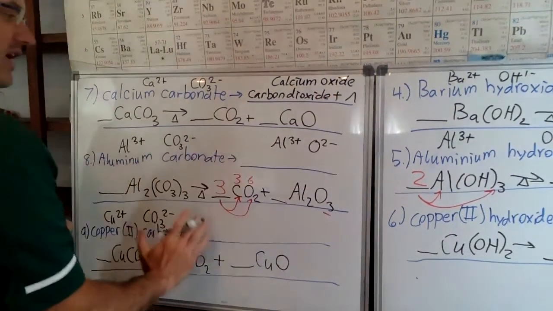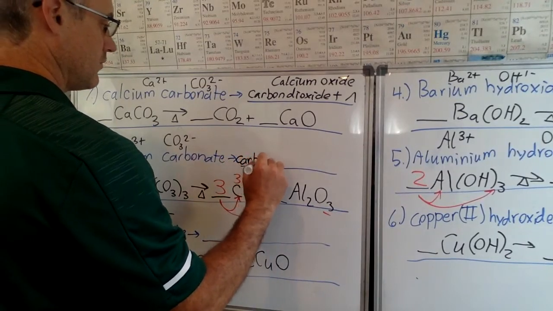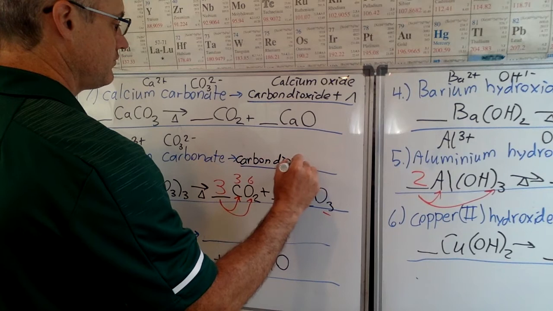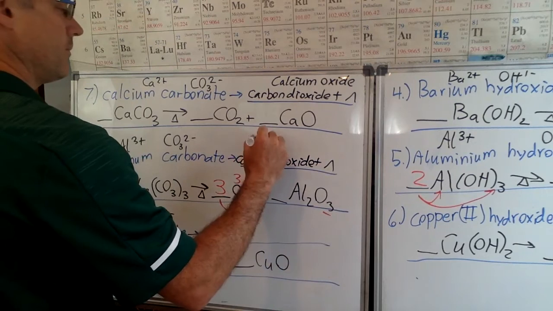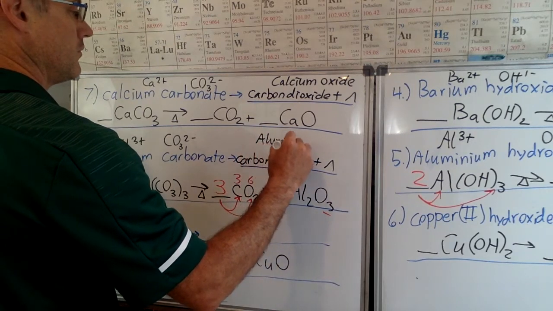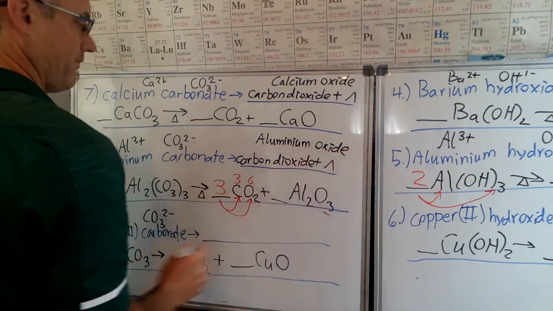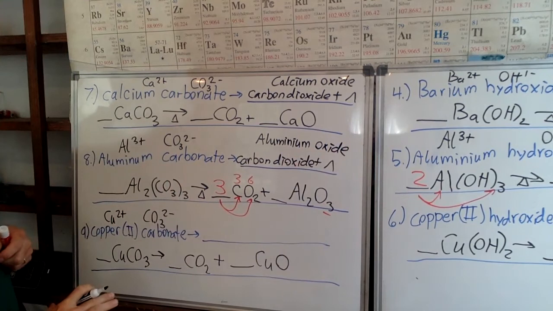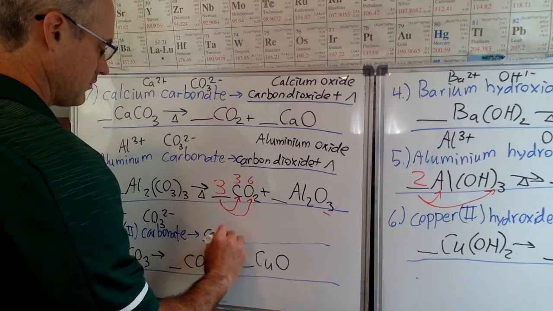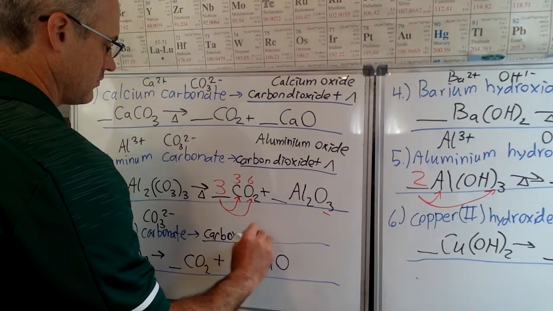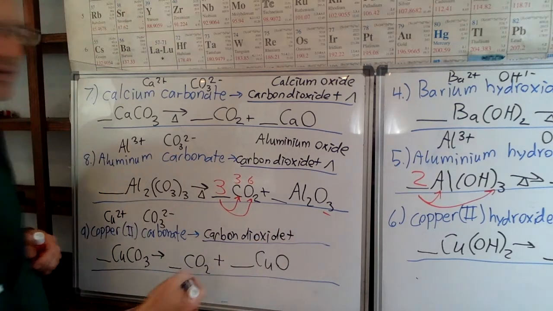And number 8, we have carbon dioxide and we have aluminum oxide. And then in number 9, we have carbon dioxide right here, and we have copper oxide.